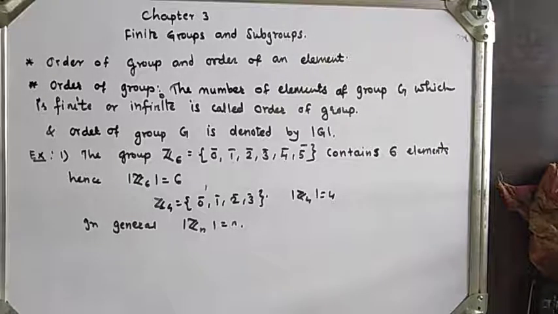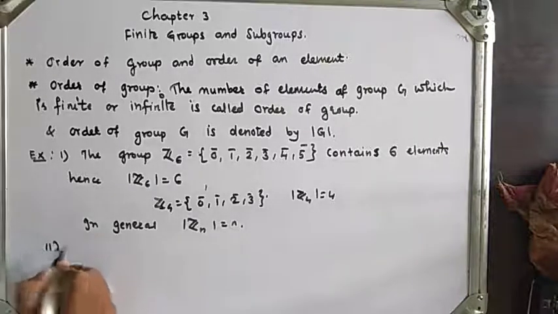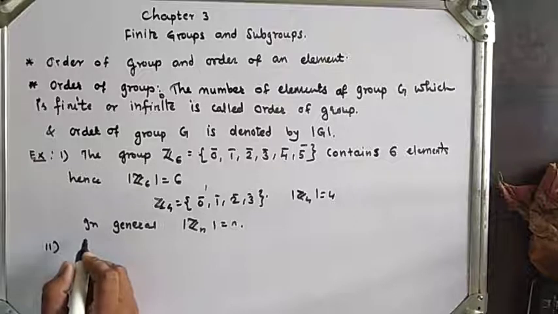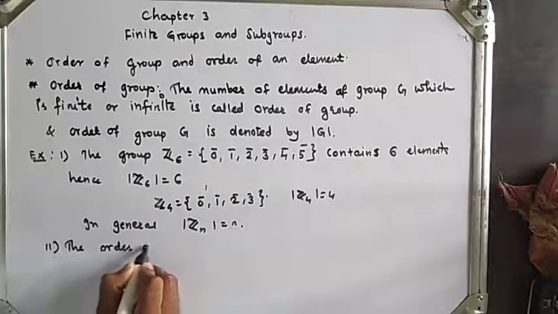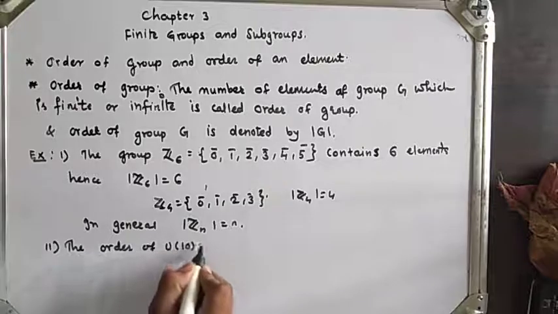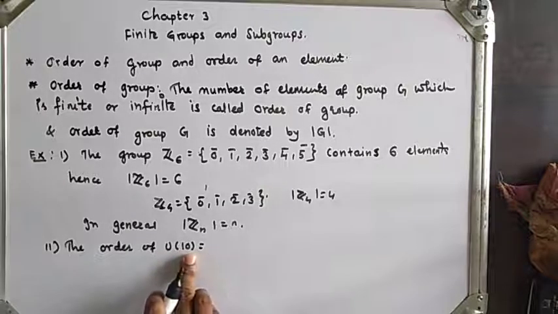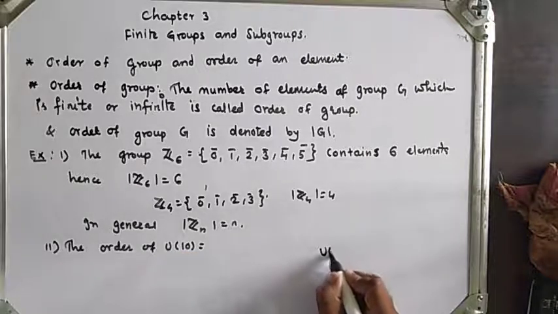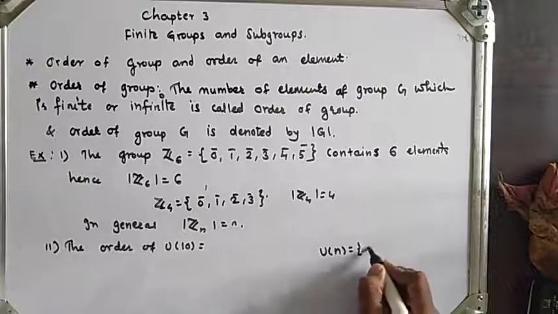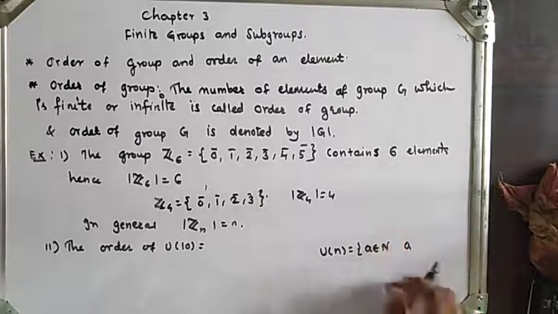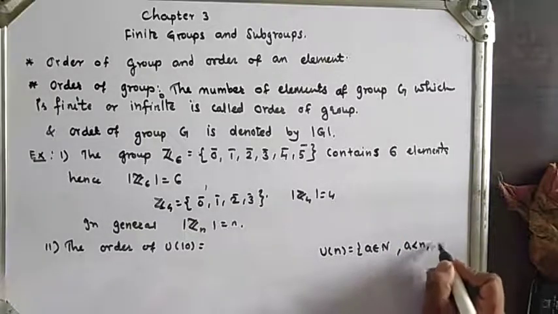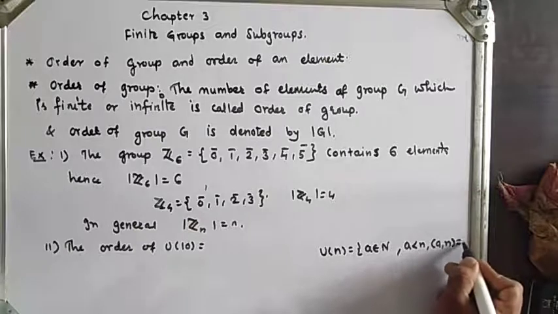We will take another example, which is units in n: the order of U(10). What is the definition of U(n)? U(n) is the set of a belonging to the natural numbers such that a is less than n and GCD of a and n is 1.